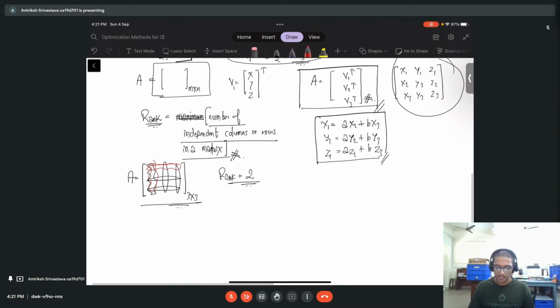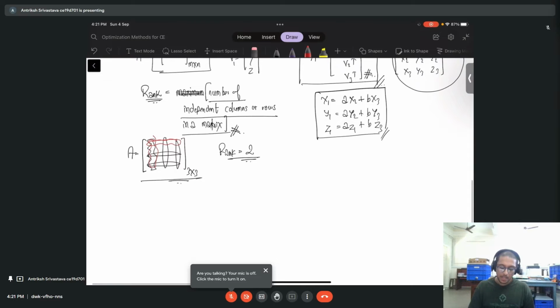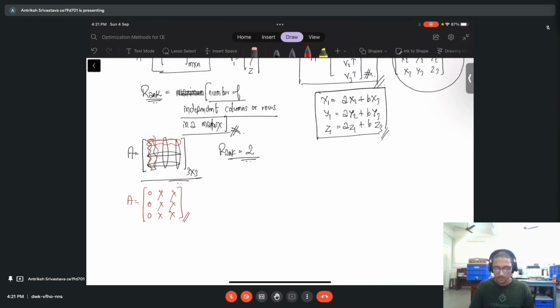Then when we apply the row echelon transformation, we can actually make this column 0, right? Yes, sir. So in that case, what is the determinant of this matrix? 0.